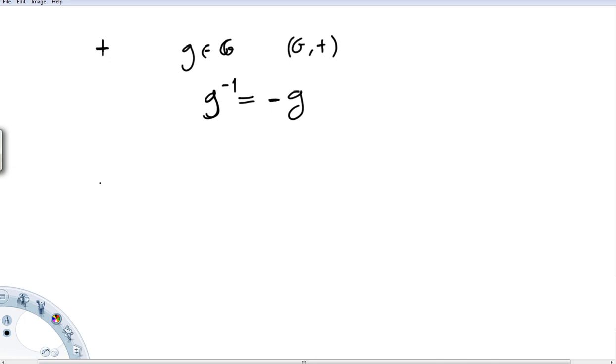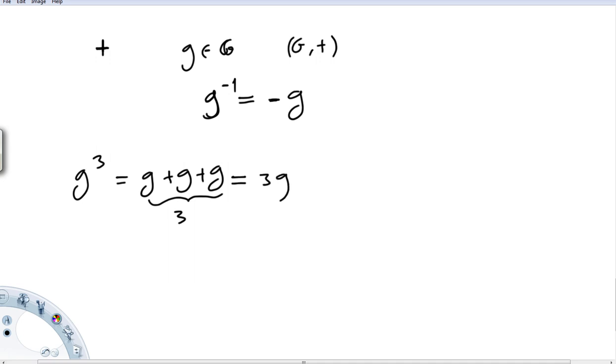Likewise, for instance, if you have G to the power of 3, of course this means G plus G plus G, 3 times, right? And you can write this as 3G.